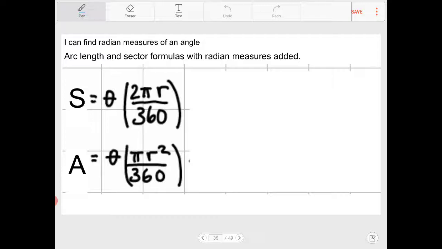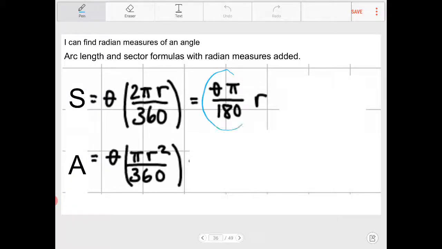I notice immediately the first formula that's described right here is the arc length, and the second formula is the formula for the area of a sector. If I rearrange some things and simplify this, I notice that 2 over 360 just gets me 180. So look at this closely. Theta pi over 180. Where have we seen that before? That's right.